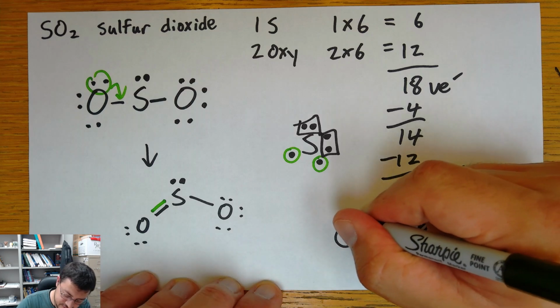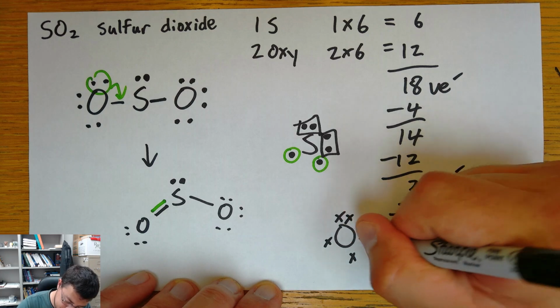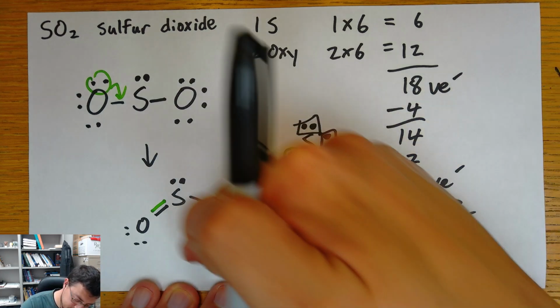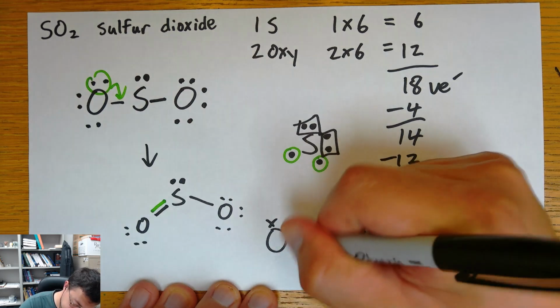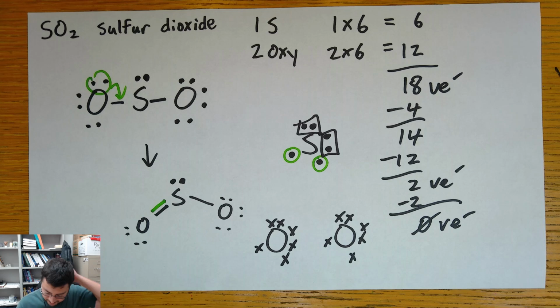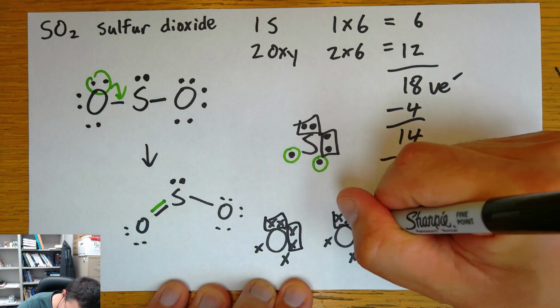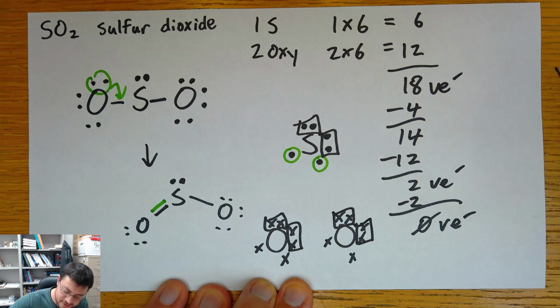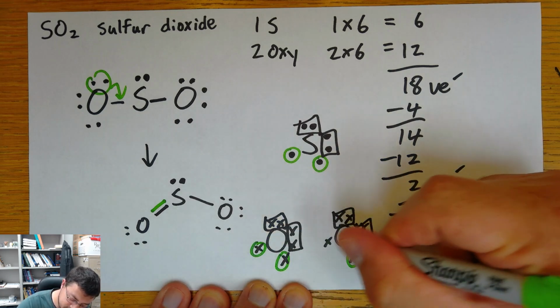All right, here's oxygens. And then we did that one, let's do another oxygen. All right, so, oh, that was a little messy there. Let me keep my pairs together in boxes and my unpaired electrons in green circles.